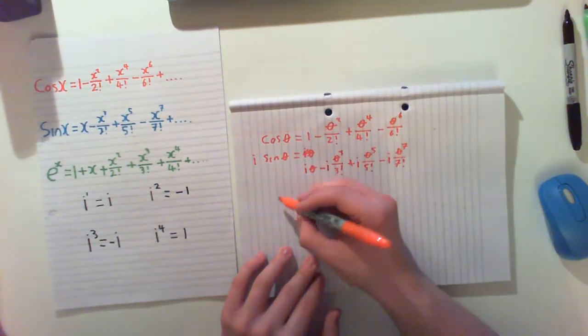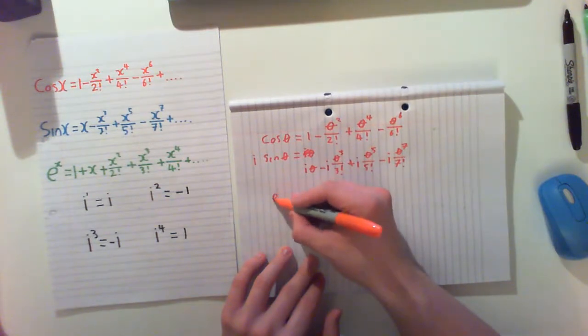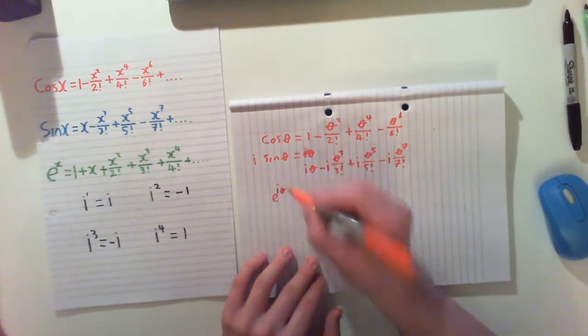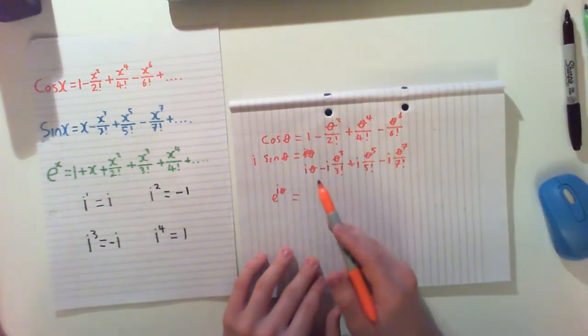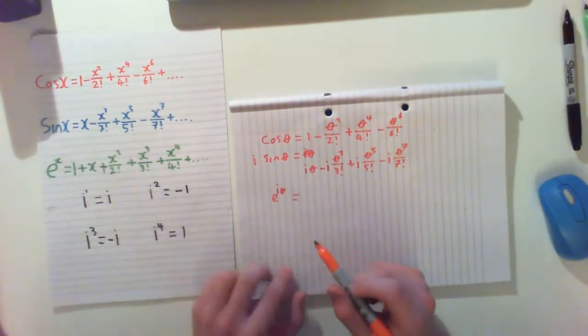And then finally, I'm going to take e to the i theta. This time, the i theta is going to be subbed in where each of the x's are.